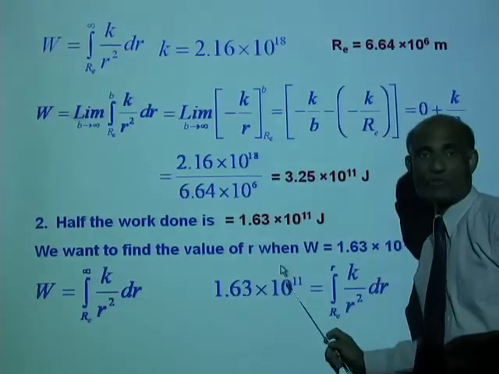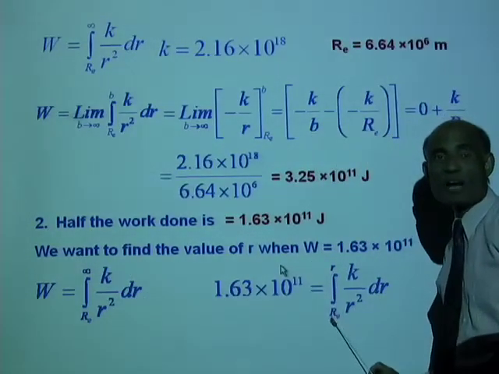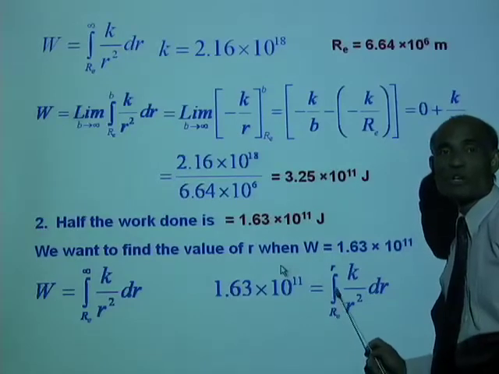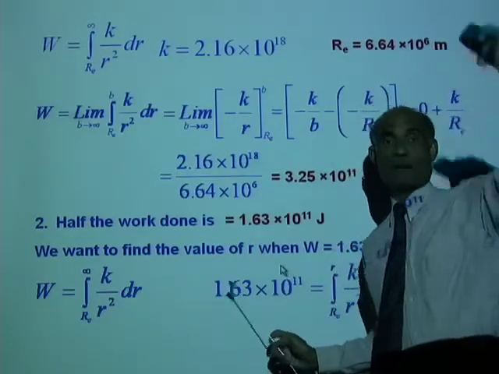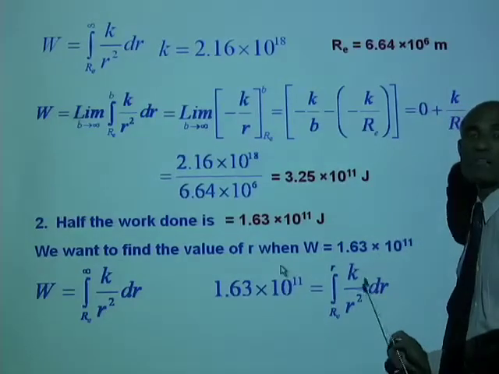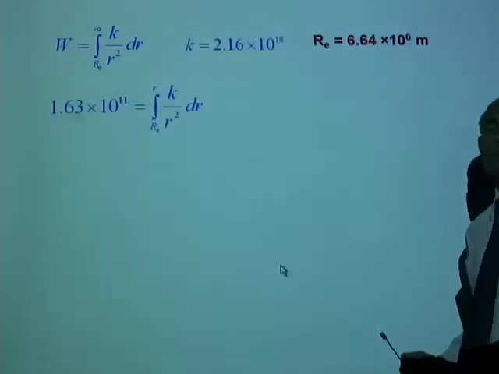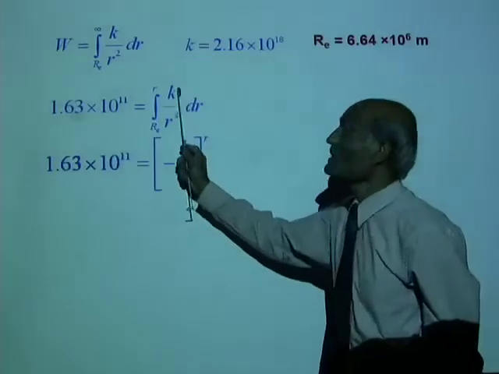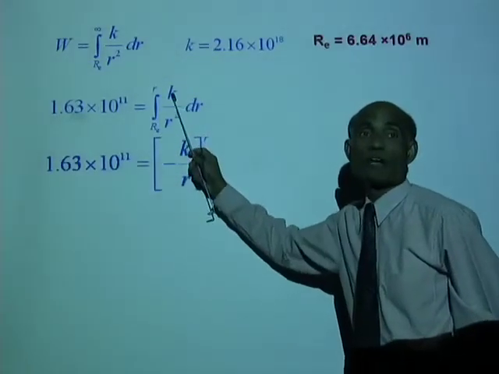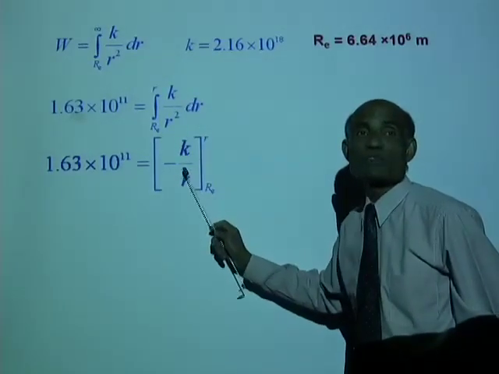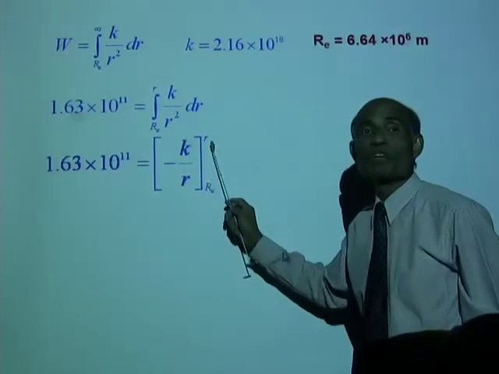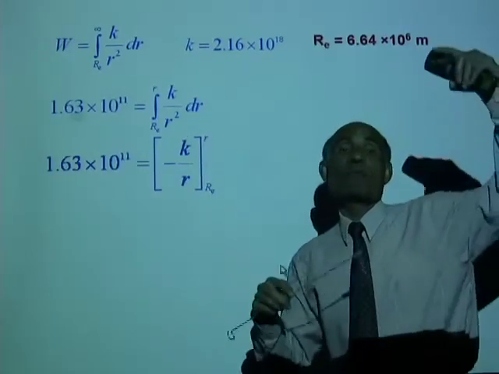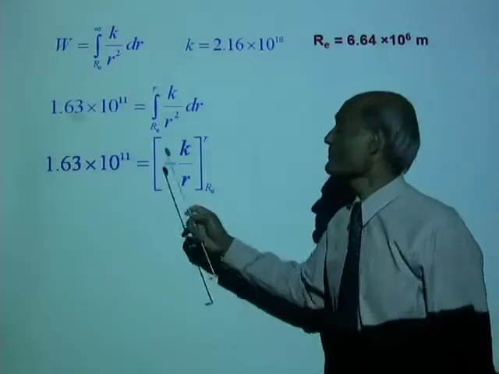So W equals the integral from RE, the radius of the Earth, to r, the altitude that you want to find, of K over R squared dr. And the integral of K over R squared dr will be negative K over R from the lower limit, the radius of the Earth, to the upper limit r that we need to determine.